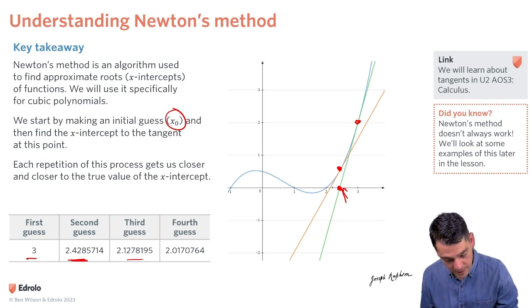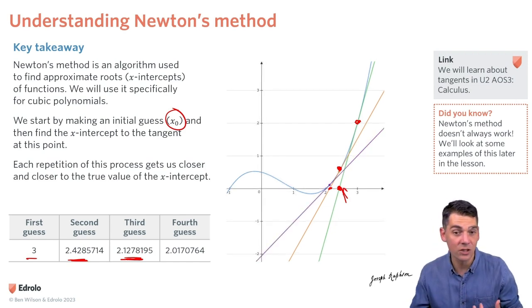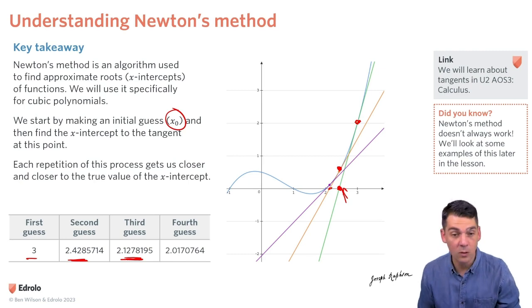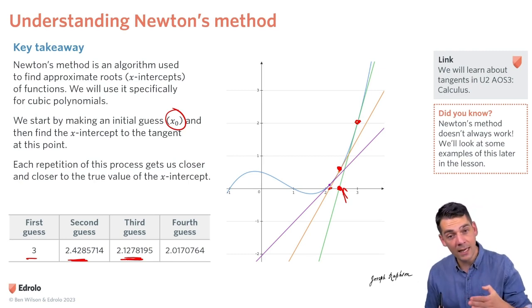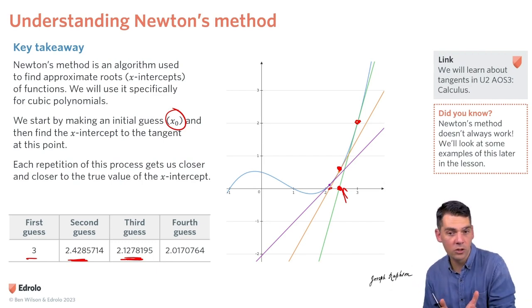So you can see here, there's my third guess now, which is 2.1278, etc. And then we're going to draw another tangent. So there's another tangent, the purple line. You can see now we're getting really, really close with that x-intercept. And if I keep doing that, it will approach 2. Okay, so it will converge to 2.